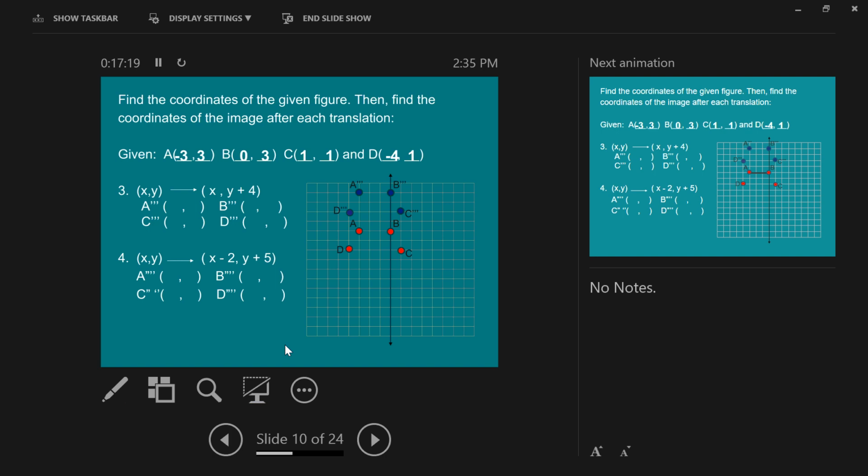Okay. This number 3 says keep x the same, but add 4 to our y values. So what is my A value going to be on number 3, my new A? 7. Negative, other way around. Okay.